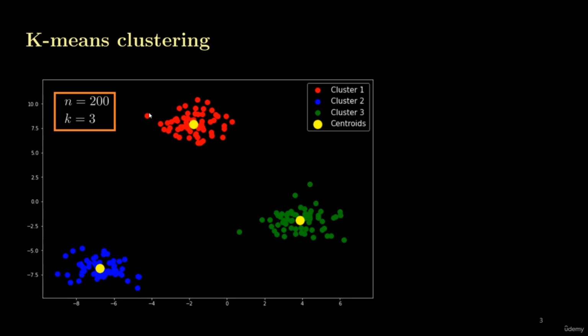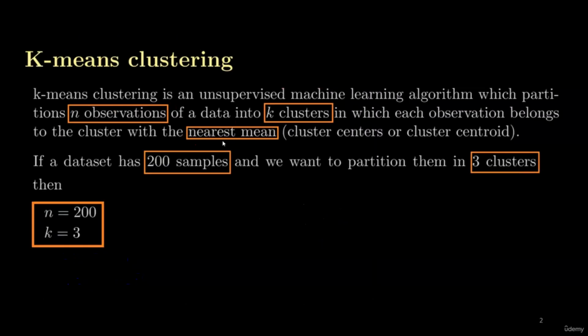So this red point is assigned to this cluster because it is nearest to this centroid as compared to the other centroids. Similarly, this green data sample is assigned to this cluster because it is nearest to this centroid. So the centroid is called the nearest mean.